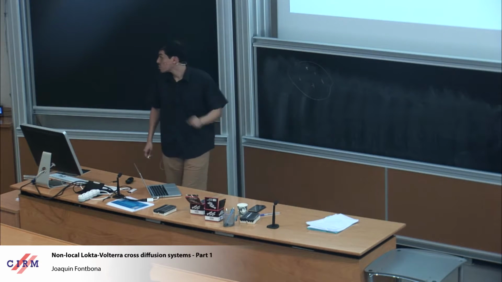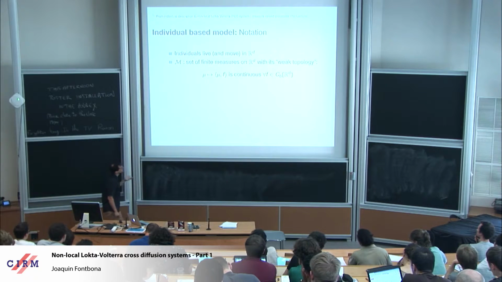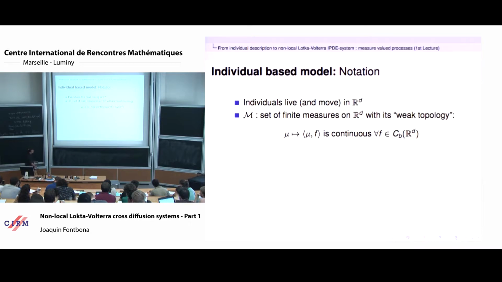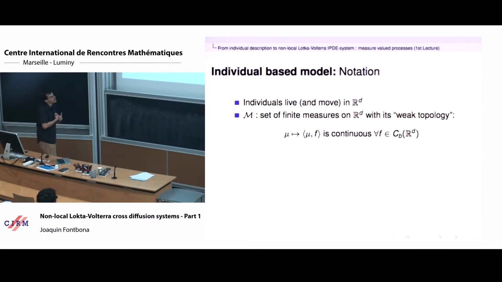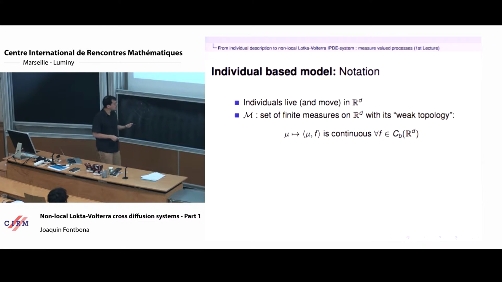Okay, and since we will be looking at the evolution of this population in terms of this measure, I need a good notion of continuity. I will look at how this evolves in time on one hand, and on the other hand, I would like later to take some limit of this when the number of individuals goes to infinity.